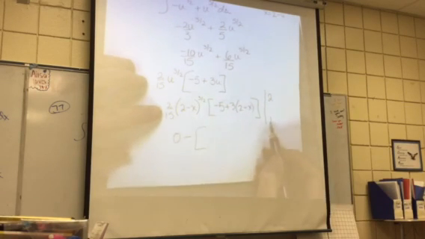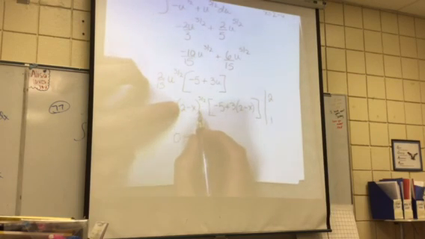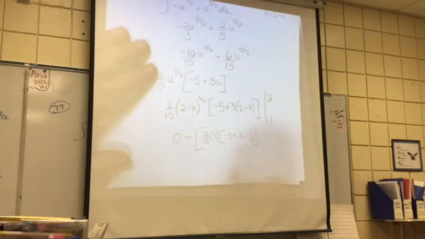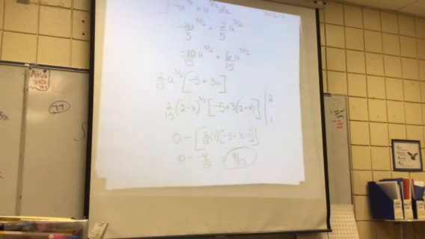Now when I plug in 1, it'll give me 2 15ths times 1 times negative 5 plus 3 times 1. That's negative 2. Times 2 15ths would be negative 4 15ths. And that negative out front turns your answer into a positive 4 15ths.